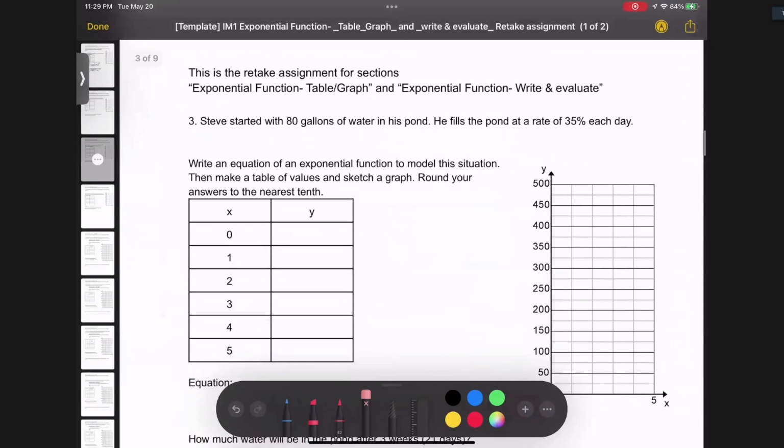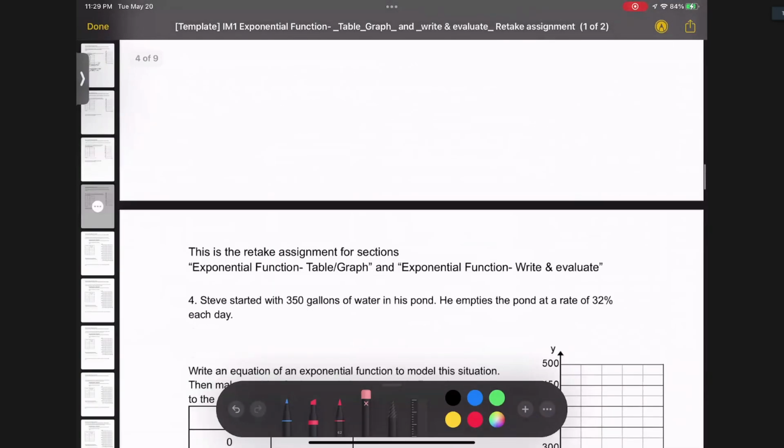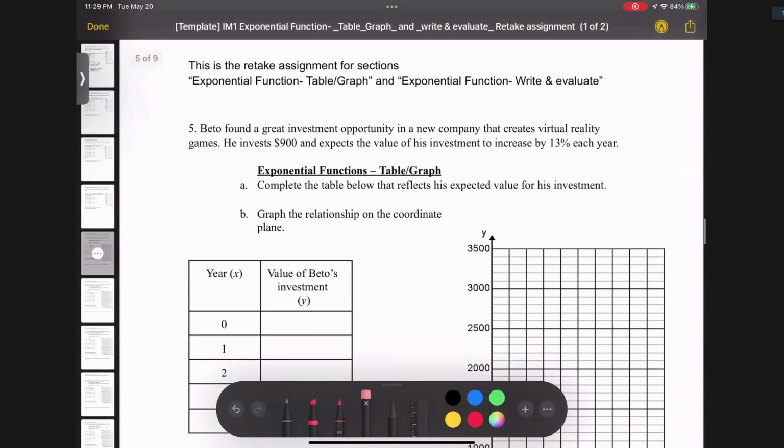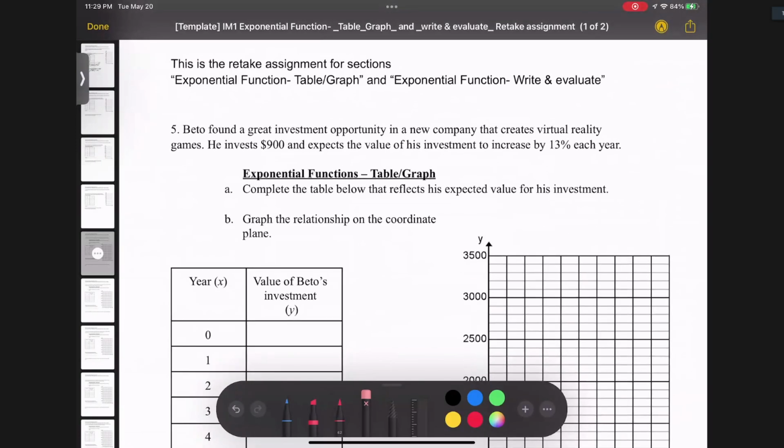Another common one is, let's see, this is still pond. Oh, here's one. Investments, savings accounts, or the great investment opportunity, something along those lines. You are going to be seeing something like this on the retake. This is a classic example when you have a savings account or investment and it's expected to grow in value. When you say grow in value, you're thinking of increasing its value.